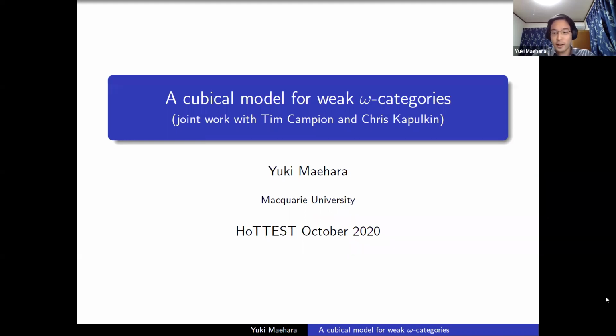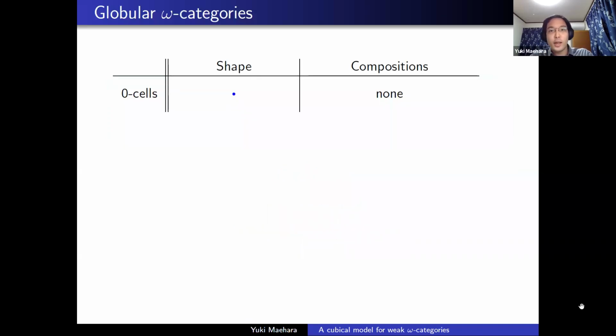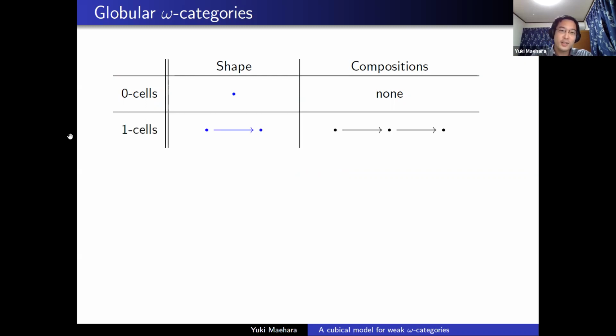If you have an omega category, then just like ordinary categories, we have objects or zero cells, which look like points. And we have morphisms or one cells, which look like arrows. We can compose these things in the usual way, and this composition is unital and associative in the strict sense, so up to equality.